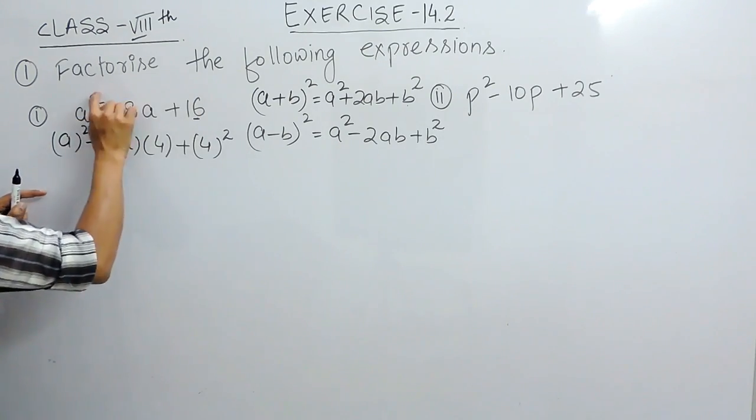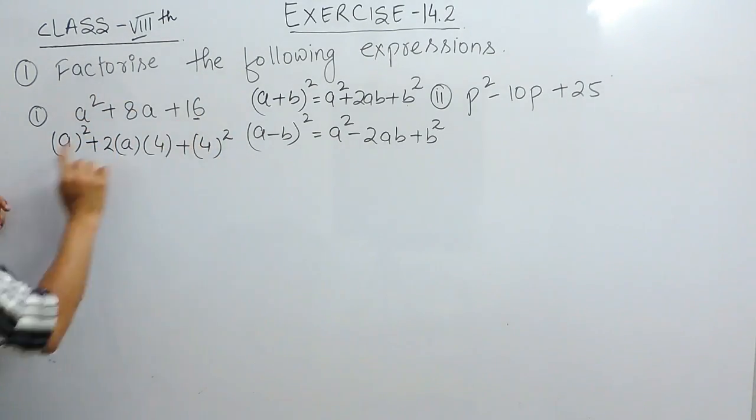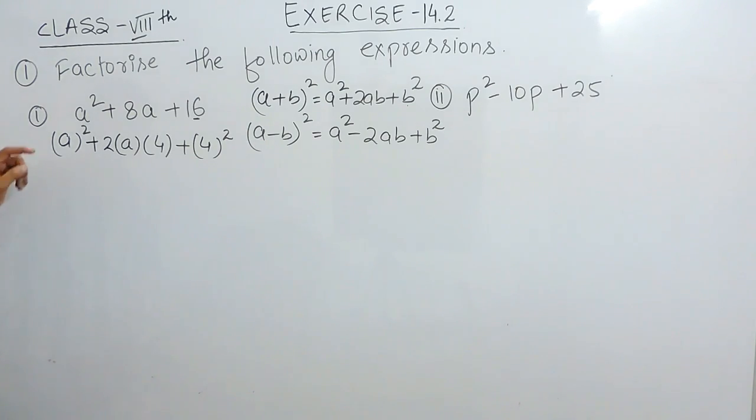So this whole expression I have converted into this, and one thing is important: when you are converting, the whole expression value should not be changed. This value and this value should remain the same.